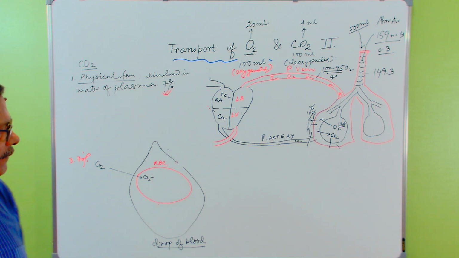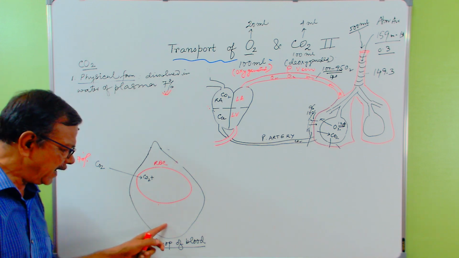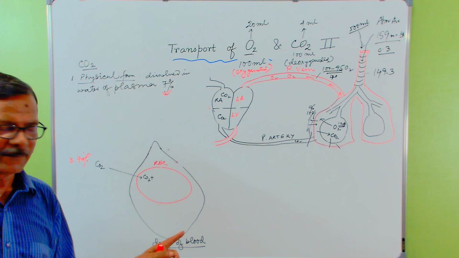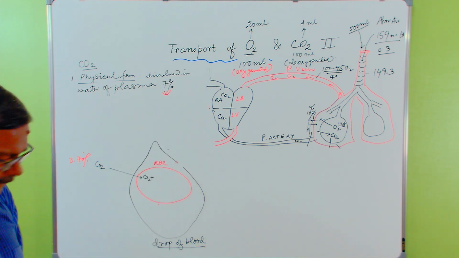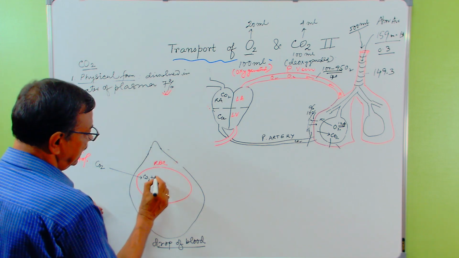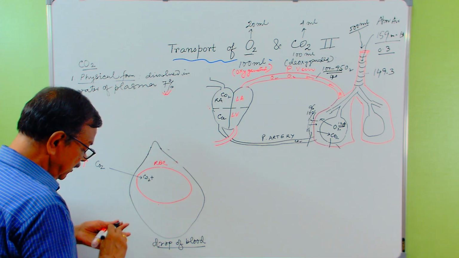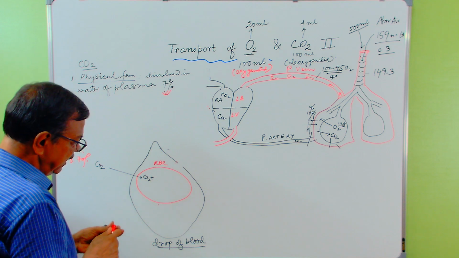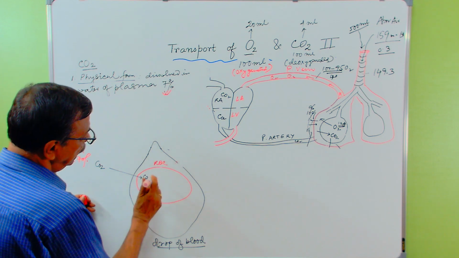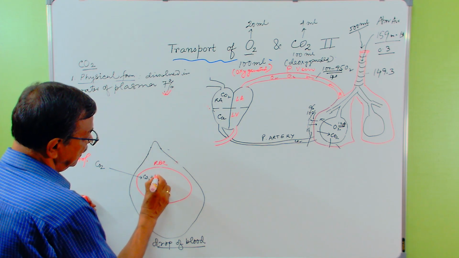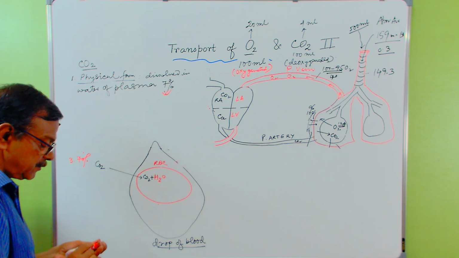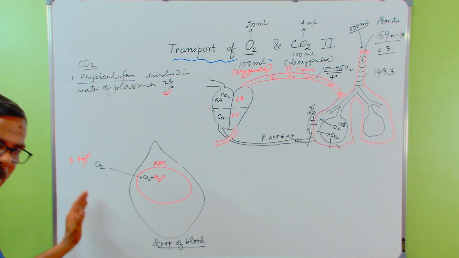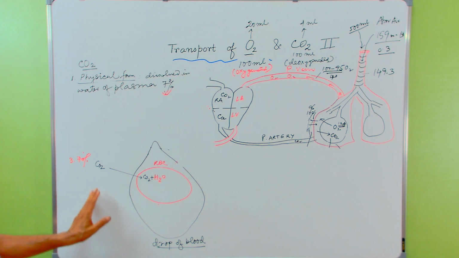Clear up to this? Now, in the plasma there is water, and in RBC also there is water. This water I am writing in red so it can be differentiated. H2O. So initially we will write it that way.